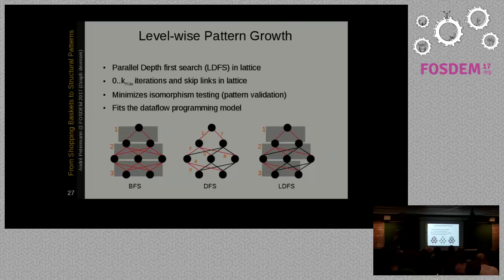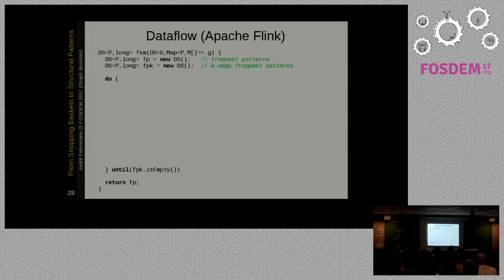This means we only need k max iterations, which is the maximum edge count of the largest frequent pattern, and can skip these links, and we still minimize isomorphism testing. This approach fits the data flow programming model very well. I will show you using some pseudocode how we can implement this on Apache Flink.